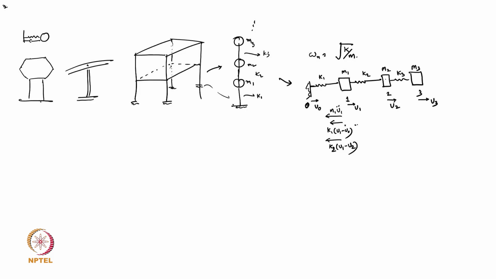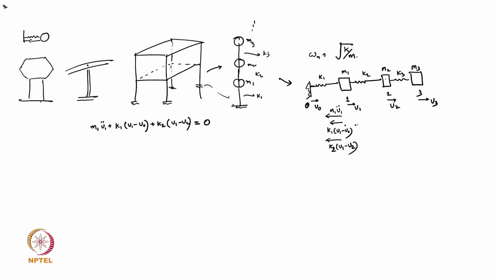So we can see that three forces will act in the negative direction. So we can write M1 U1 double dot plus K1 into U1 minus U0 plus K2 into U1 minus U2 will be equal to 0.